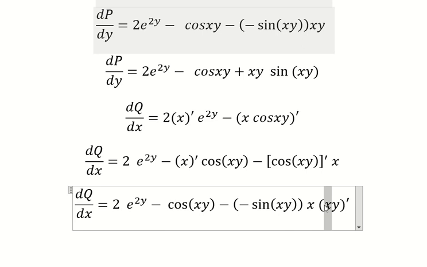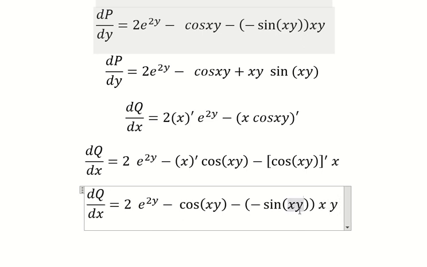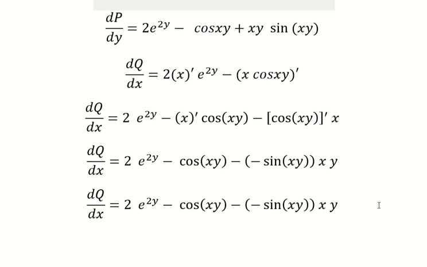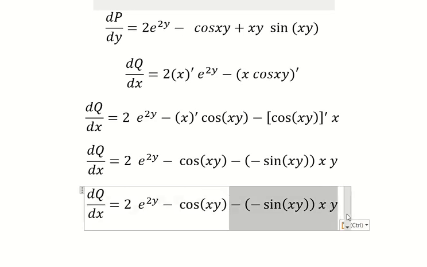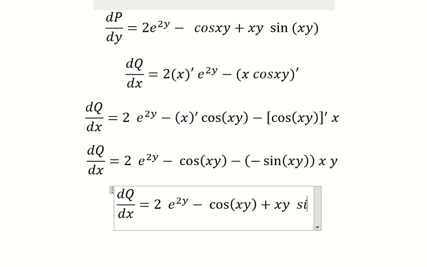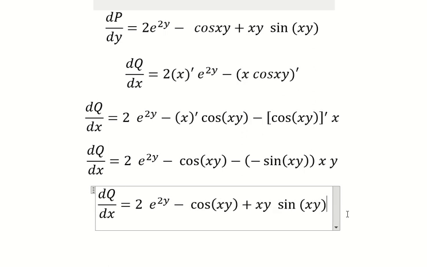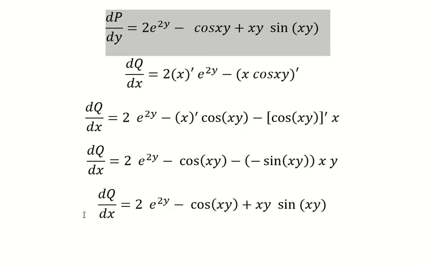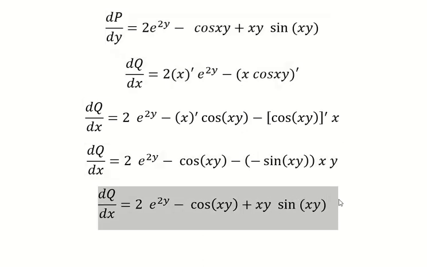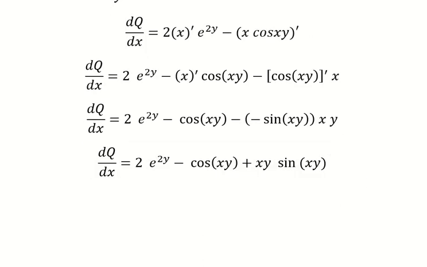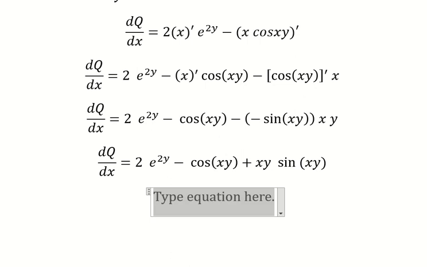So this one, we have number 1. And now, negative and negative, we have positive. So if we look carefully, this one and this one, they are the same. So that is about exact.